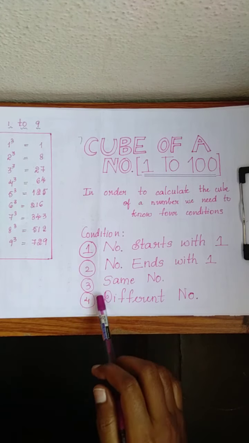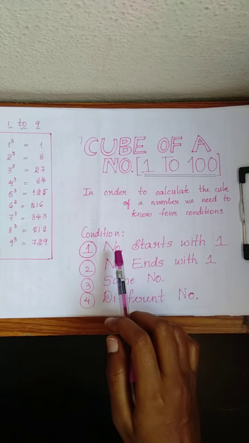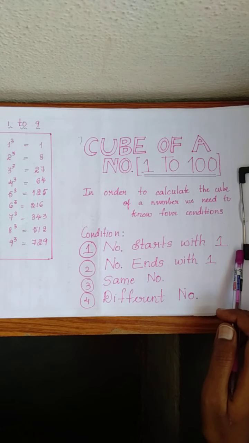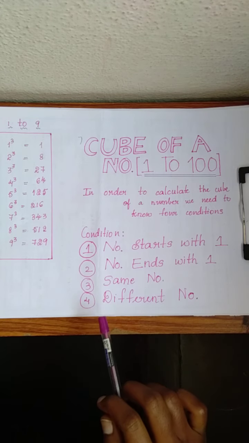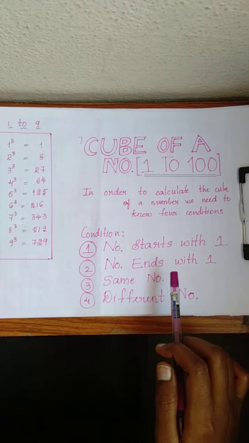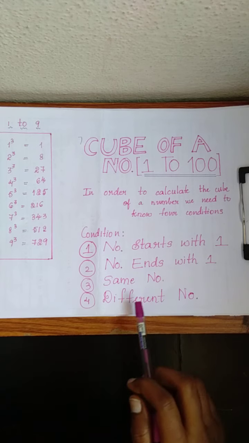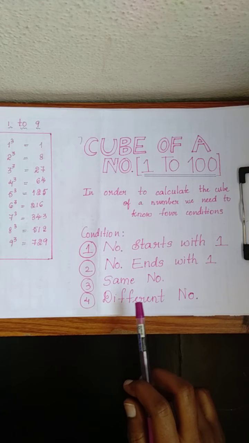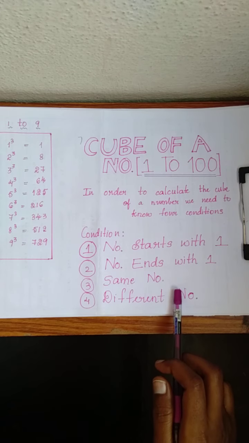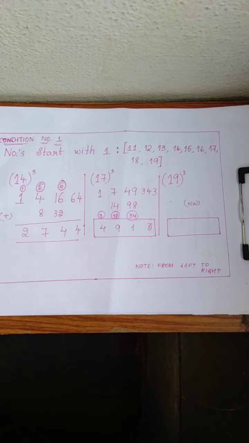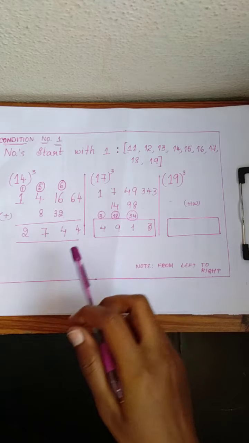So, the 4 conditions you need to remember: if the number starts with 1, if the number ends with 1, if the number is a repeated number like 11, 22, 33, 44, and if the given number is a different number like 43, 34, 56, 78, etc.